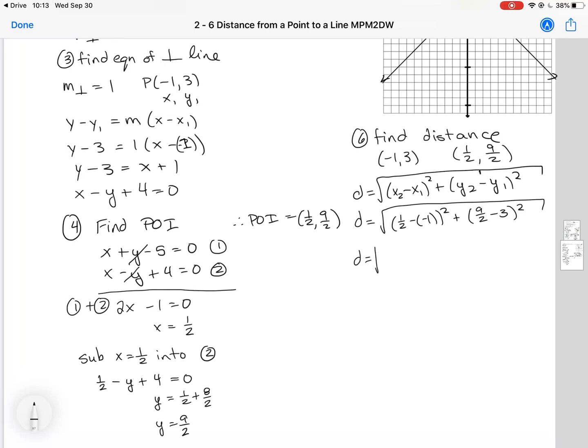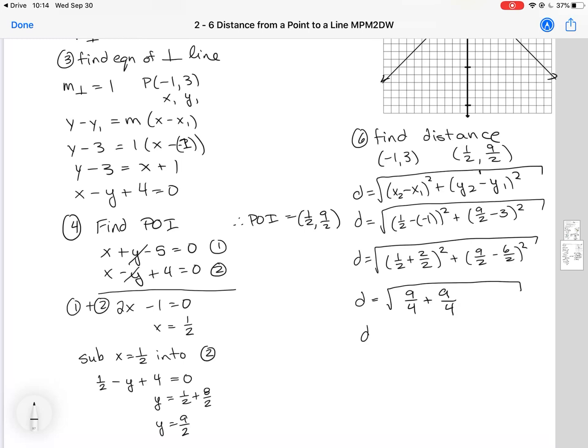Here I'm going to do some work with fractions, so I've got 1/2 plus 2/2 all squared, 9/2 minus 6/2 all squared. So this first one is going to give me 3/2 all squared, which is going to end up being 9/4. You need to square the top and the bottom. And here I've got 3/2 squared again, which is also 9/4.